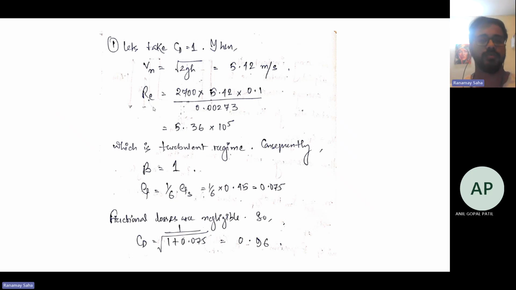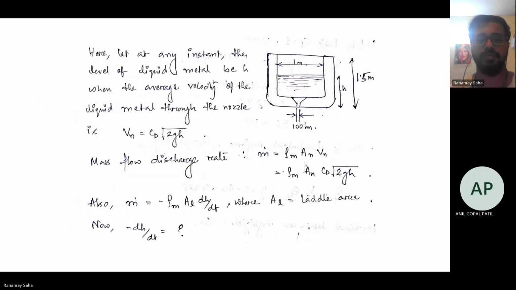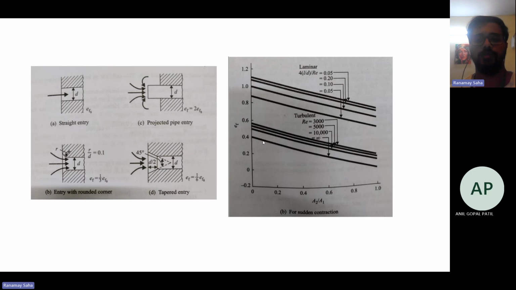Check the Reynolds number. It is rho V D by mu, the viscosity value which was provided to you, and the density of the molten metal. 5.42 is the nozzle velocity we have found, and this is the characteristic length, the diameter, given as 100 millimeters. So it is 0.1.